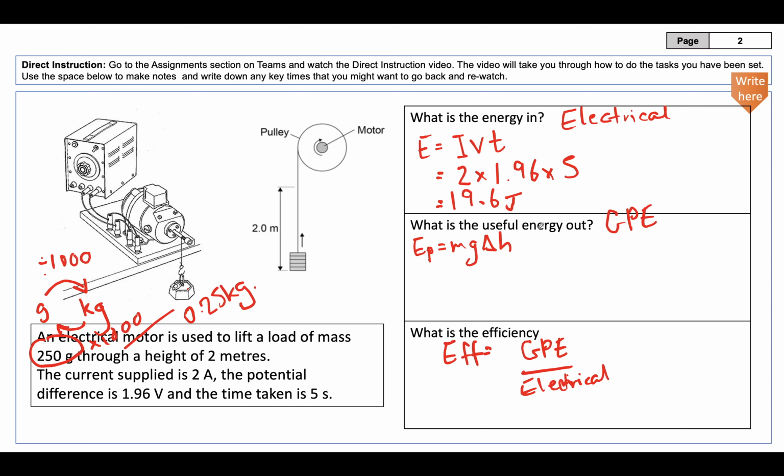Next I need to know what the useful energy out is. So I've got the mass here, we've just converted it to 0.25. We're going to multiply that by G, which is the gravitational field strength. So hopefully remember that if we're on Earth, gravitational field strength is 9.8 newtons per kilogram. So times 9.8, and we've moved up a height of 2 meters.